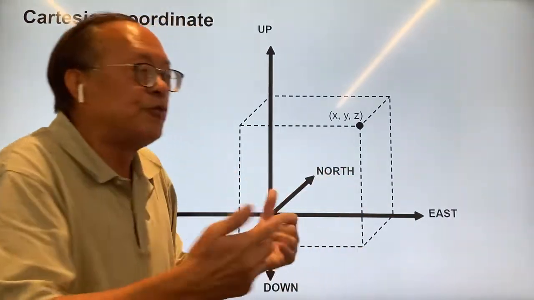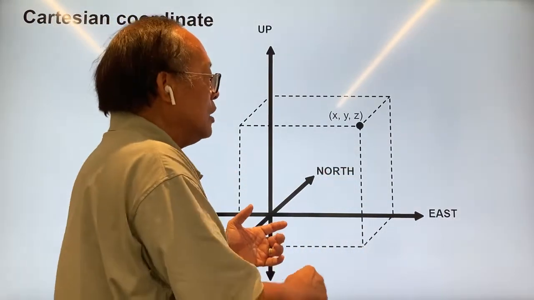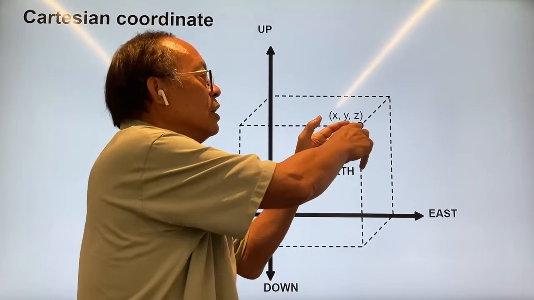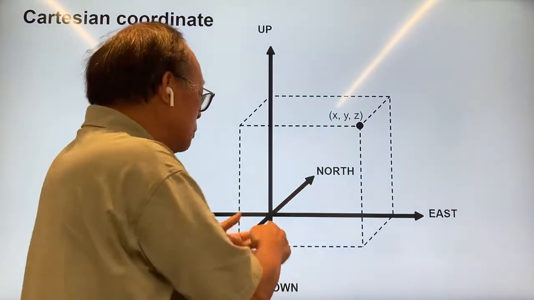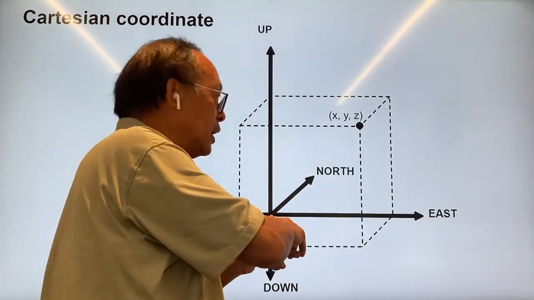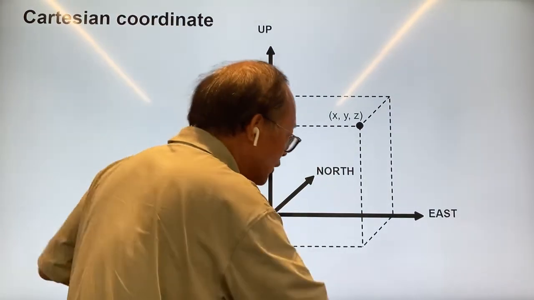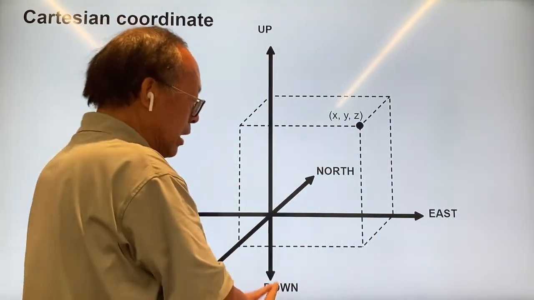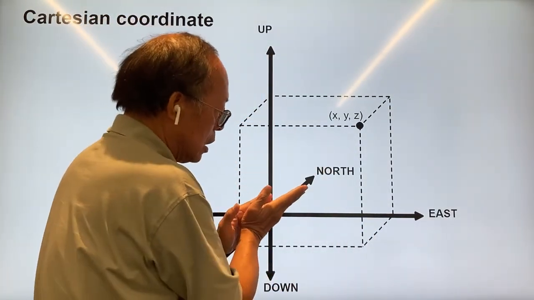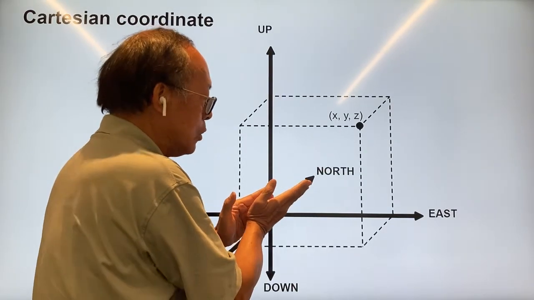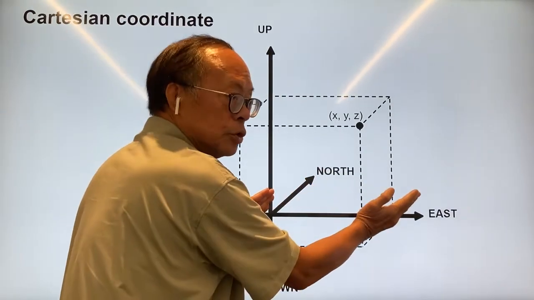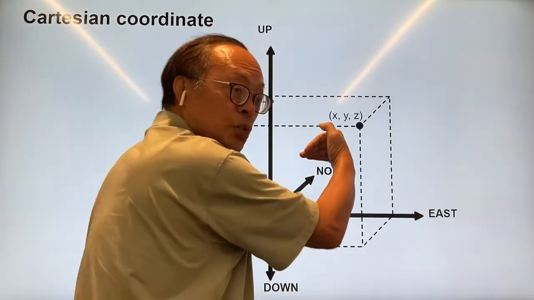So you can represent every point on Earth in terms of the x, y, z coordinate. It could be that this is the 0 coordinate and this is the surface of the Earth, and this is up and down, and this could be Greenwich, where you have a 0 longitude and then you increase the longitude this way and you have a latitude this way, okay?